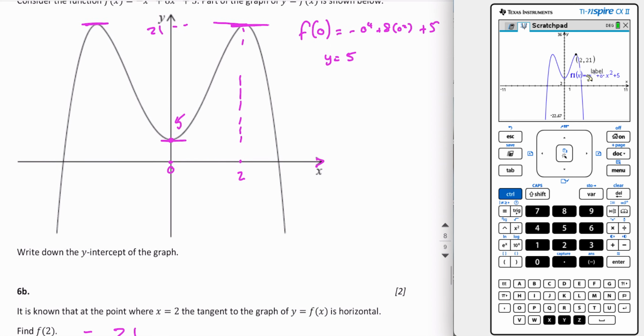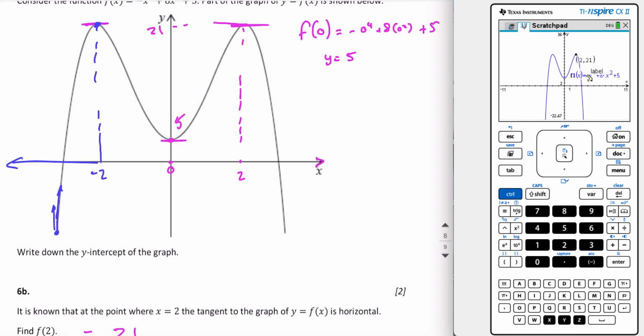Write down the intervals where the gradient of the graph y equals f of x is positive. Okay, it's basically saying where is our graph going up. If we start on our graph here, we are definitely going up at this point, until we get to here, and we know that is negative 2. So any value to the left, our function is going up. It's going down in this section, so we're going to ignore that.